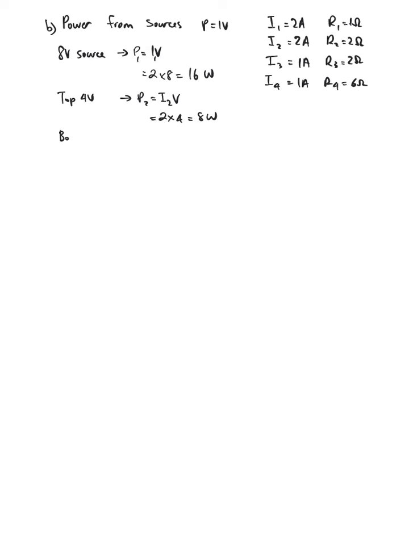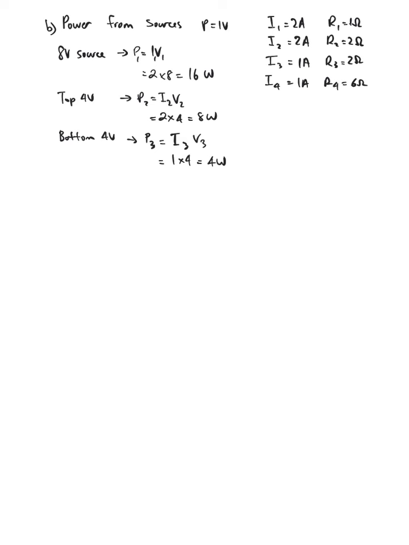And our bottom 4-volt source is going to be P3, which is I3 times V, and that's got 1 amp flowing through it, and it's 4 volts.